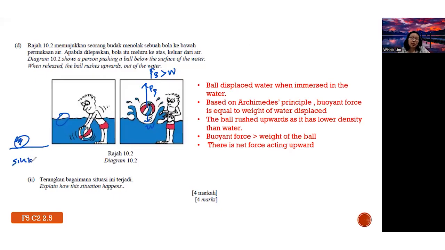They say sink. Then you just switch the sense only. Now you say the weight is greater than the buoyant force. So you can always tell the relationship. Of course you need to know what is the force that acted on the object when the object is immersed in the fluid. Okay, so I hope that you all know how to answer this kind of conceptual questions by giving the correct key points.